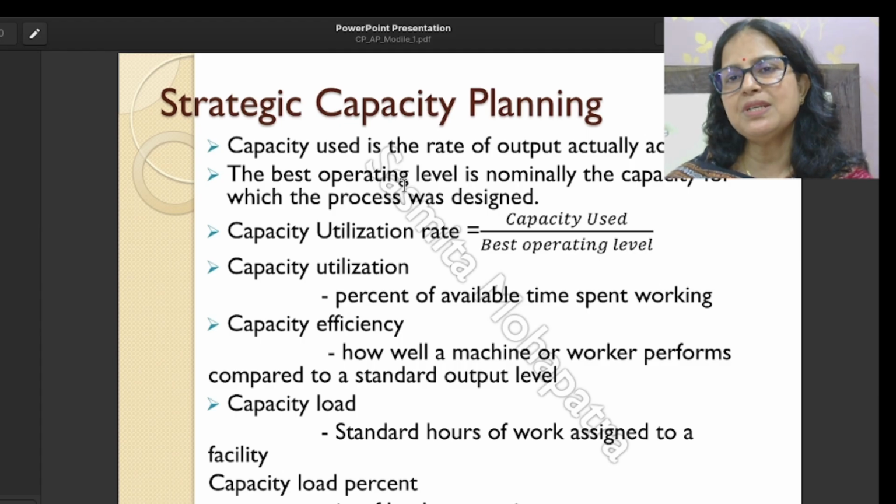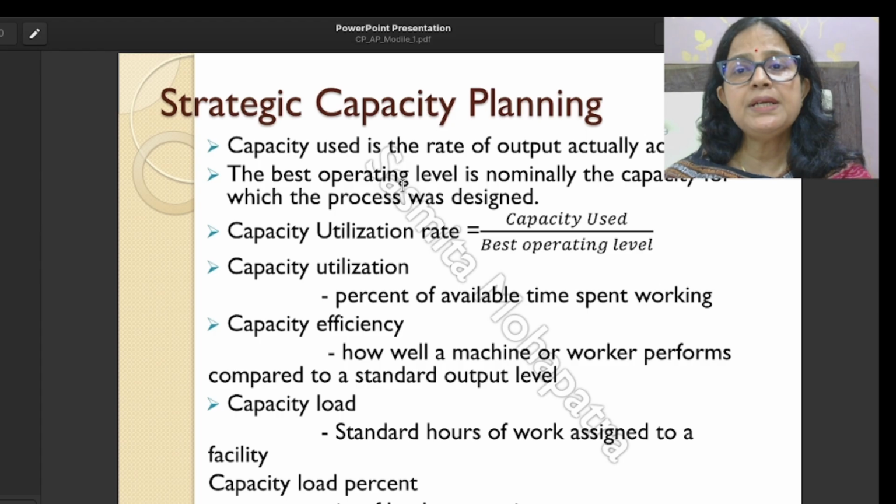Always, capacity we measure by the rate of output we are getting. Because if I ask what is the capacity of the plant, it means how much we are producing, what is the ability of production of the plant, that is the output. So capacity used is the rate of output actually achieved.